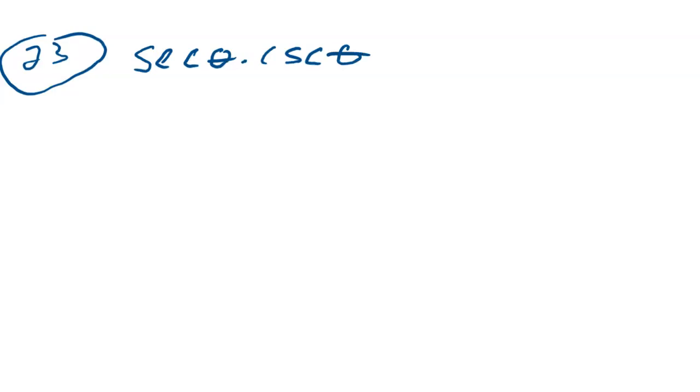23. There's lots of problems. Lots of opportunities for success. Secant theta times cosecant theta. What? Isn't that just 1? No, I lied. Equals tangent theta plus cotangent theta. I'm going to go right this time.